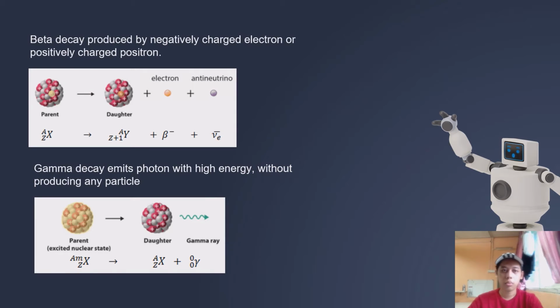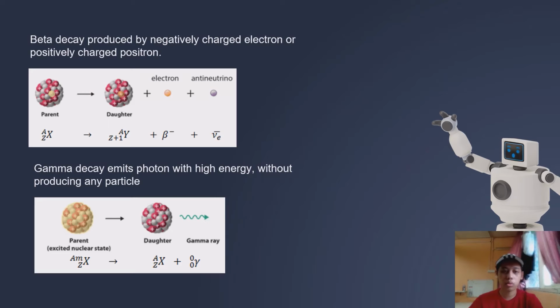Next, beta decay is produced by the negatively charged electron or positively charged positron. Like the diagram below, we can see the parent atom is decaying to the daughter and it's producing an electron and antineutrino, which is beta negative, and a positive electron.